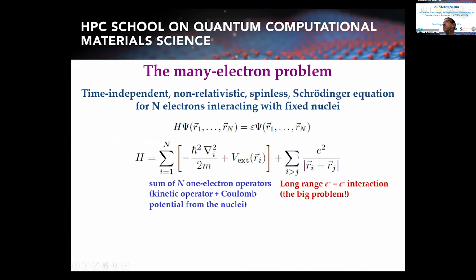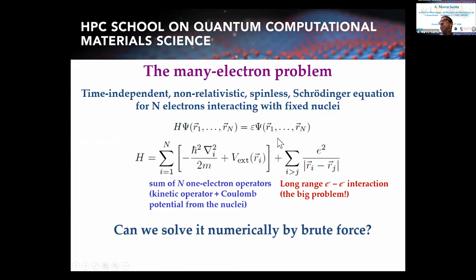But then we also have this electron-electron interaction here, which is a big problem because it's long-range, and especially because it makes a quantum interaction among particles, which makes an entanglement, and thus our wave function is many-body because of the interaction between all the electrons. So you cannot factorize your wave function into single-particle orbitals. You need to handle, in principle, a large wave function like this one.